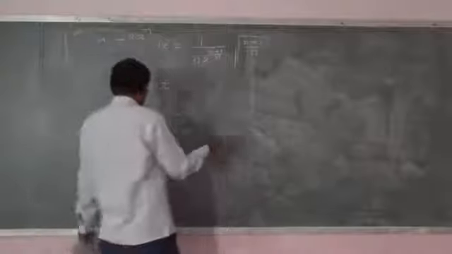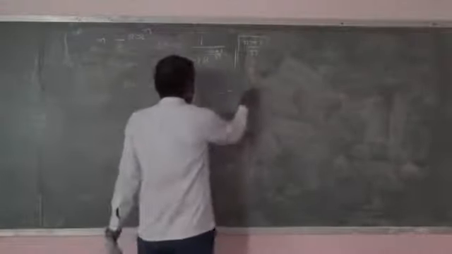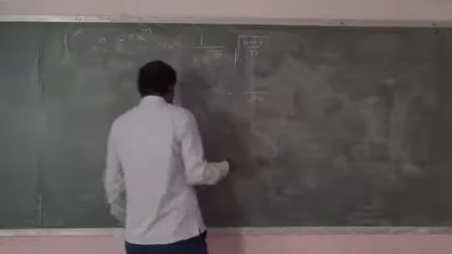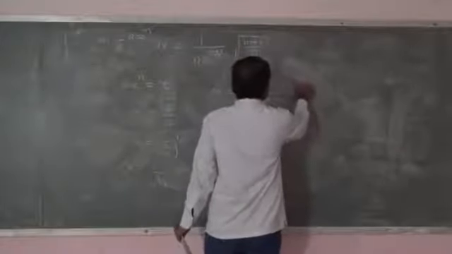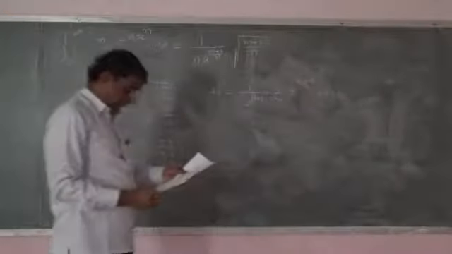Now to differentiate this, dx is equal to 1 by a to the power 1 by n, constant as it is, times the derivative of t to the power 1 by n, which is 1 by n t to the power 1 by n minus 1 into dt.